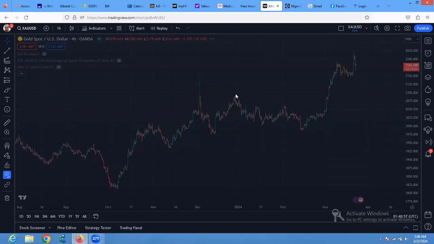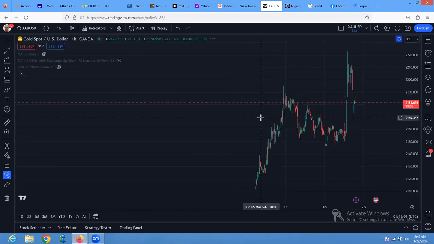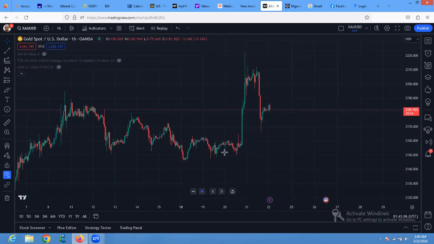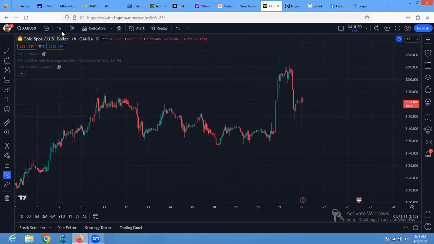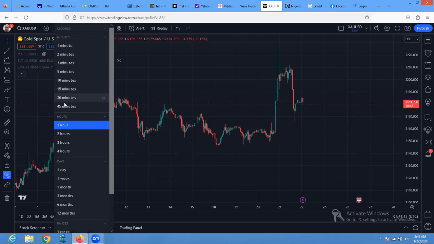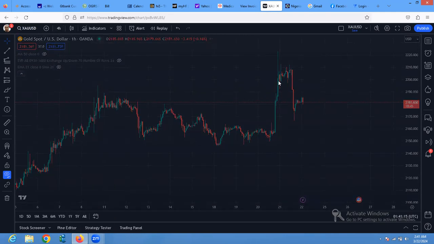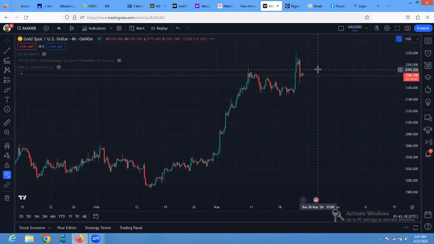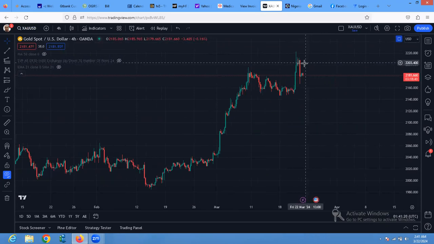Looking at it on the 1 hour time frame, this is going up. It's a very sharp move. If you look at the 4 hour candle formation, very sharp move to the downside. And this sharp move to the downside is not as if this one is correcting. No, this is a new move. And when I will now believe that we are going to go for that more upside immediately is when we take this top.